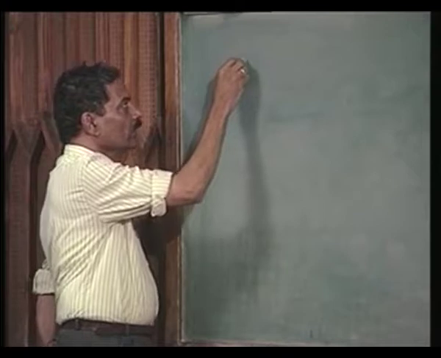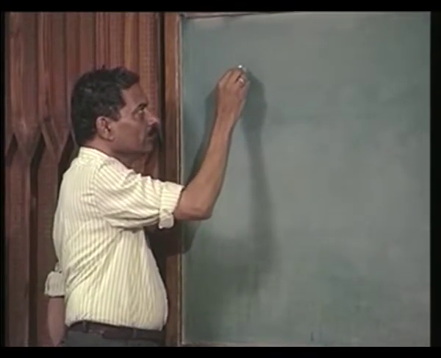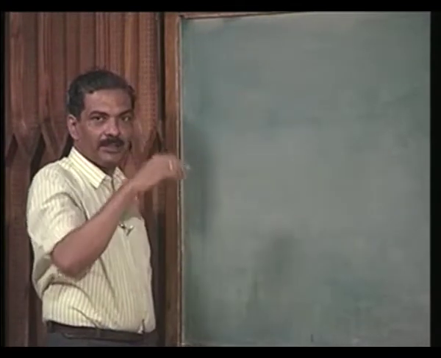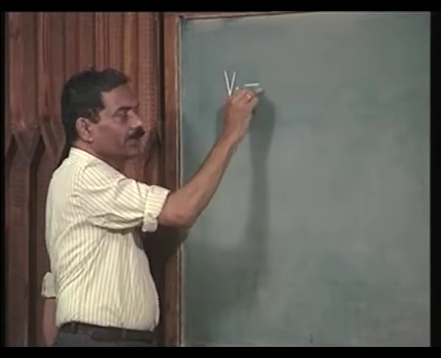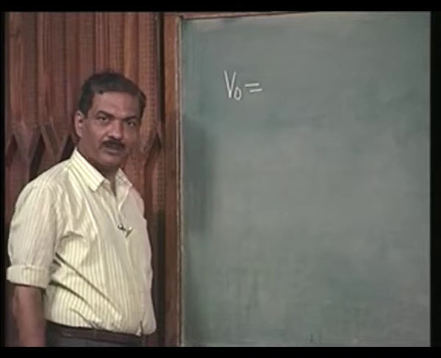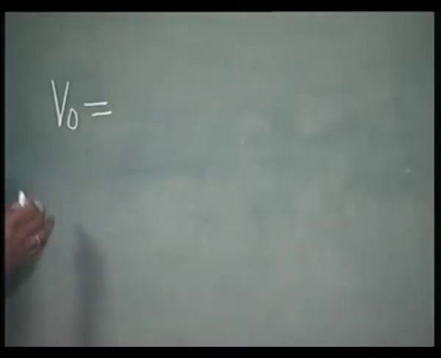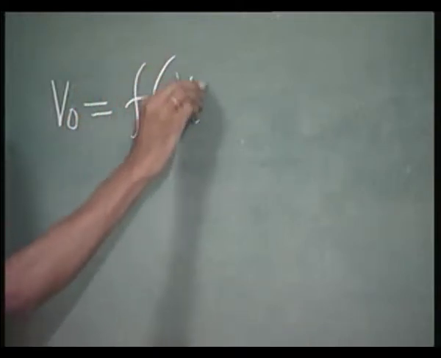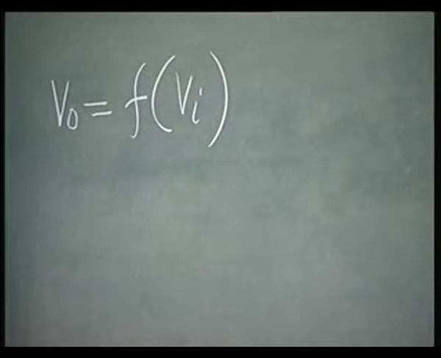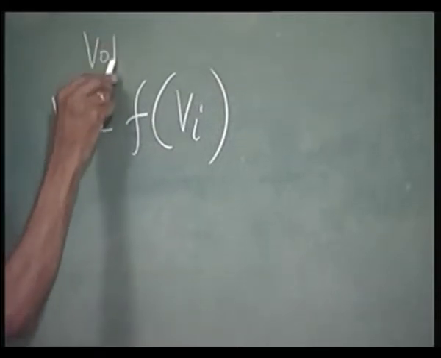So, the output is going to be related to the input. Let us consider V naught, a voltage amplifier. It could be a current amplifier, I could as well consider I naught, or anything. It is a function of the input voltage, let us say. I am considering a voltage amplifier.